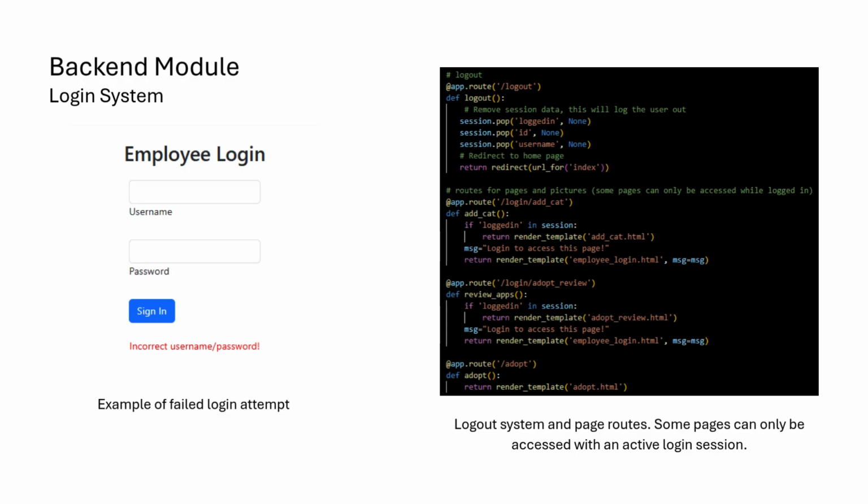These pages can only be accessed with an active login session, so if the user clicks the Logout button and then tries to access the URL for a certain page, they will be redirected to the login page. This system was created by using routes for each of the pages in the app.py file, where certain pages are only rendered if there is a current login session.